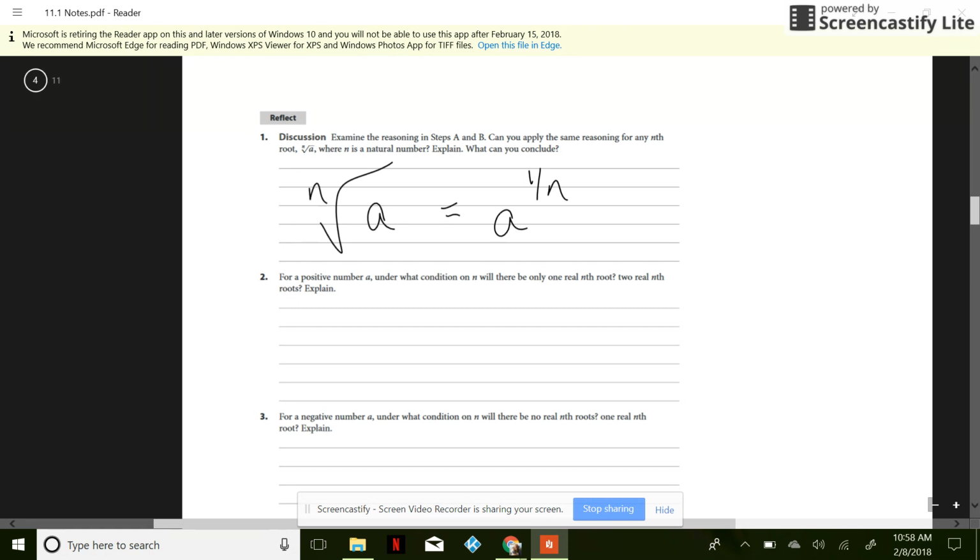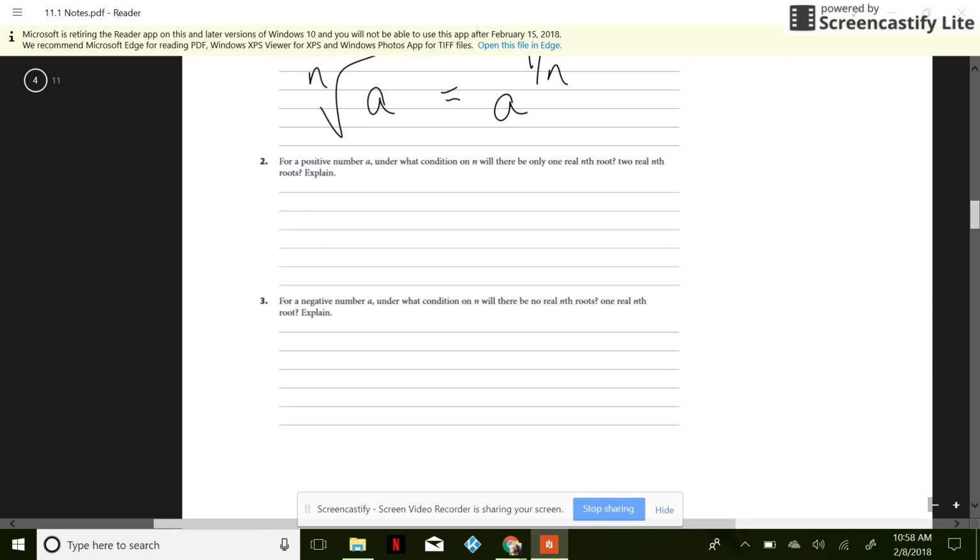For a positive number a, under which conditions on n will there likely be one real nth root or two real nth roots? If n is odd, we'll get one solution. For example, if we're taking the cube root of -8, n in this case would be 3, odd, and we get one solution, which is -2.